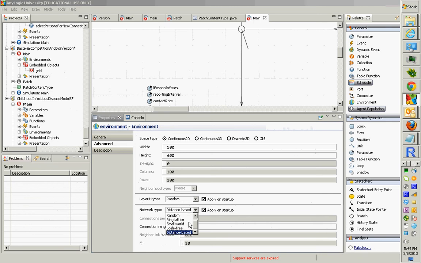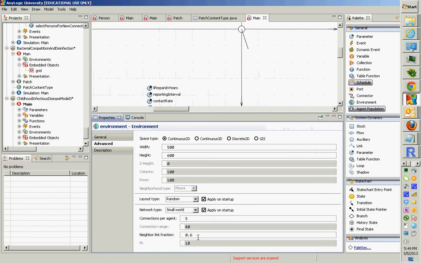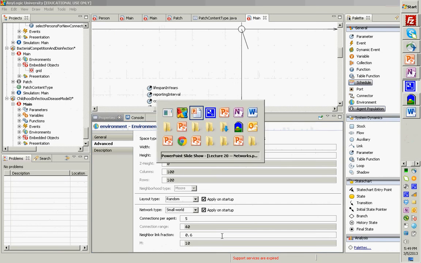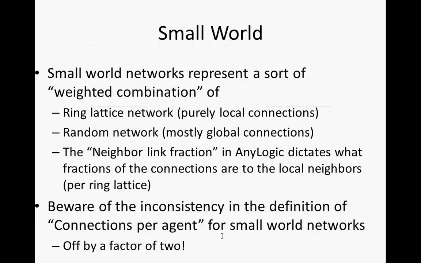There's not only connections per agent, but neighbor link fraction. And that basically leads to rewiring. So essentially 60% here are going to be with our neighbors in space, our neighbors in terms of a ring lattice. But then we're going to have 40% that are drawn randomly.